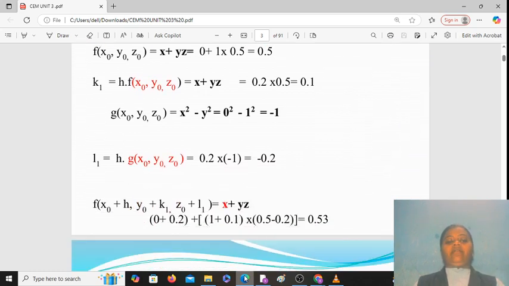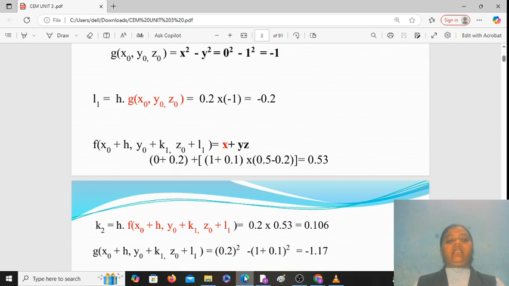Now we calculate L1, that is h into g of x0, y0, z0, which is equal to 0.2 into minus 1. Answer is minus 0.2.